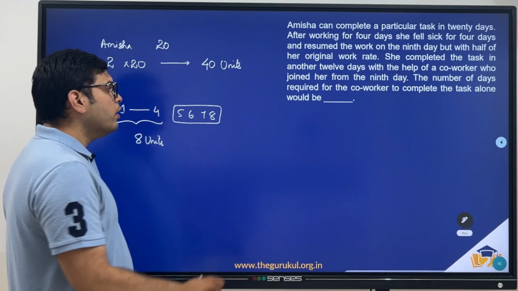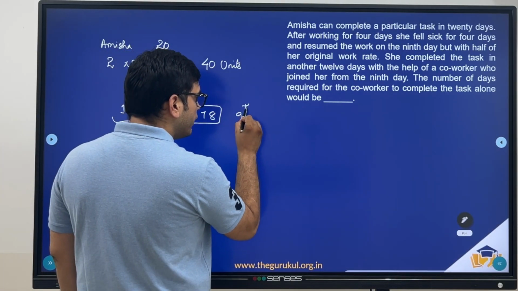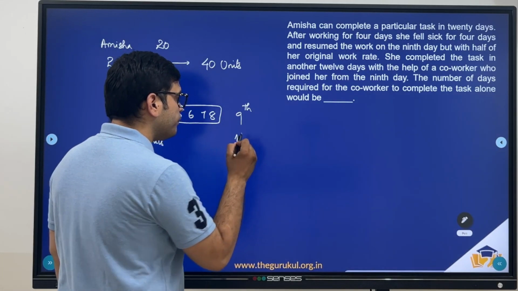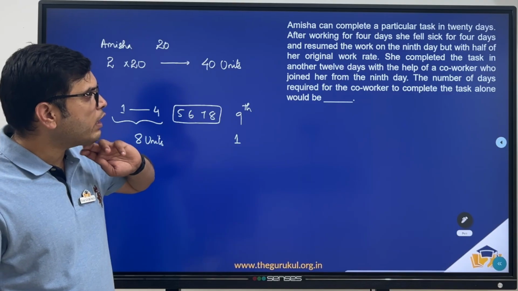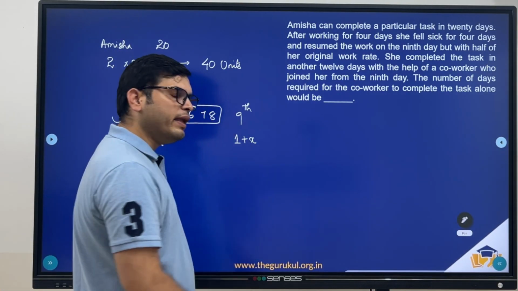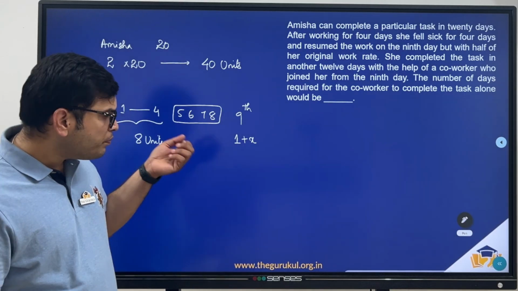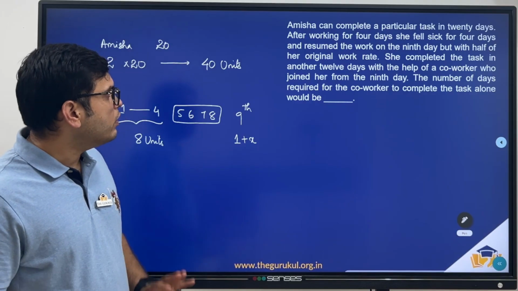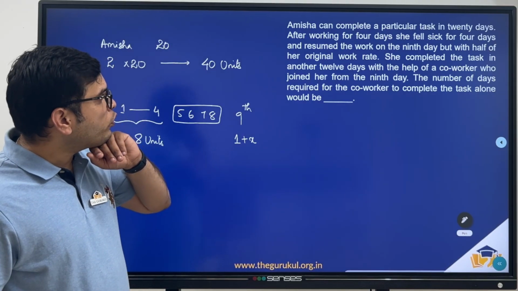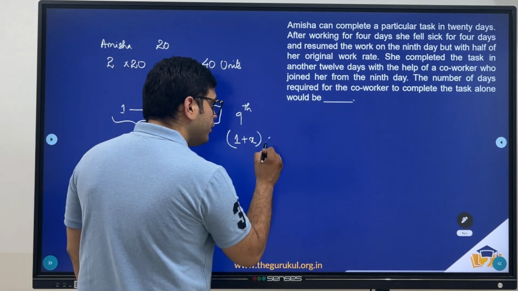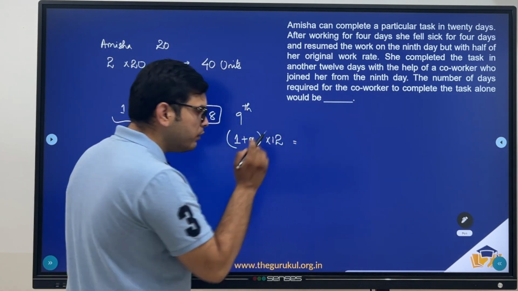She started working from the 9th day, but with half of her efficiency. That means 1 unit per day. But she was helped by a co-worker, and let the efficiency of the co-worker be X. So work done in 1 day would be 1 plus X. They both completed the work in another 12 days, so (1 plus X) into 12 should be the remaining work.